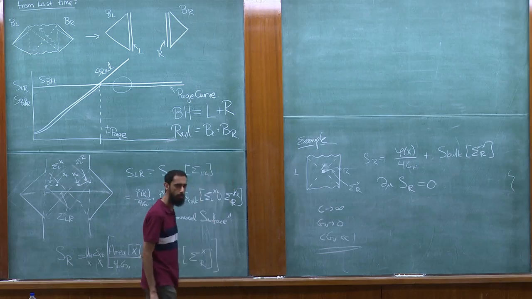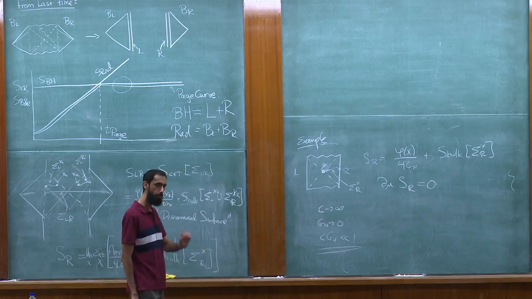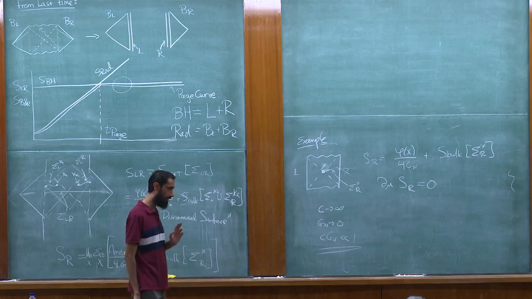Well, you want to take G Newton to 0, right? That's fine, but why does C have to go to infinity? Because if you literally kept it finite and took G Newton to zero, then the second term would be just 0 parametrically. But the claim is that even in that case, it can contribute. I don't think so.